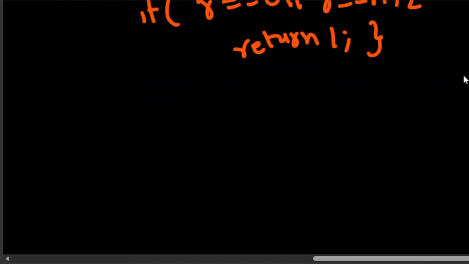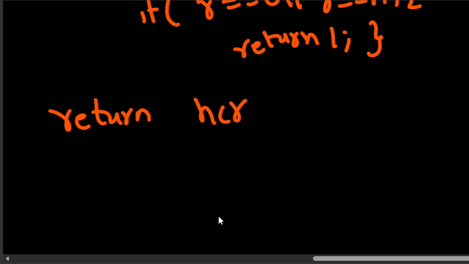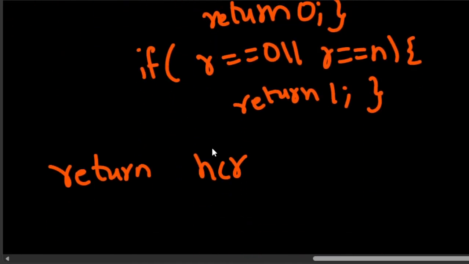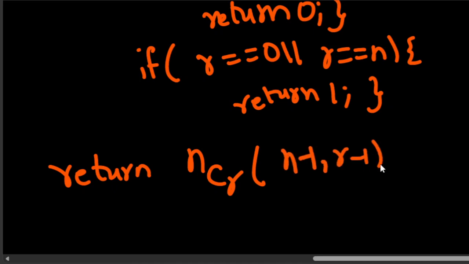A recursion problem kaina you have to write the base cases, and then I'll just simply return the function nCr, ఇంతకుముందు మనం ఎక్స్ప్రెషన్ చూసినాం కదా, nCr of n-1 r-1 plus nCr n-1 r.